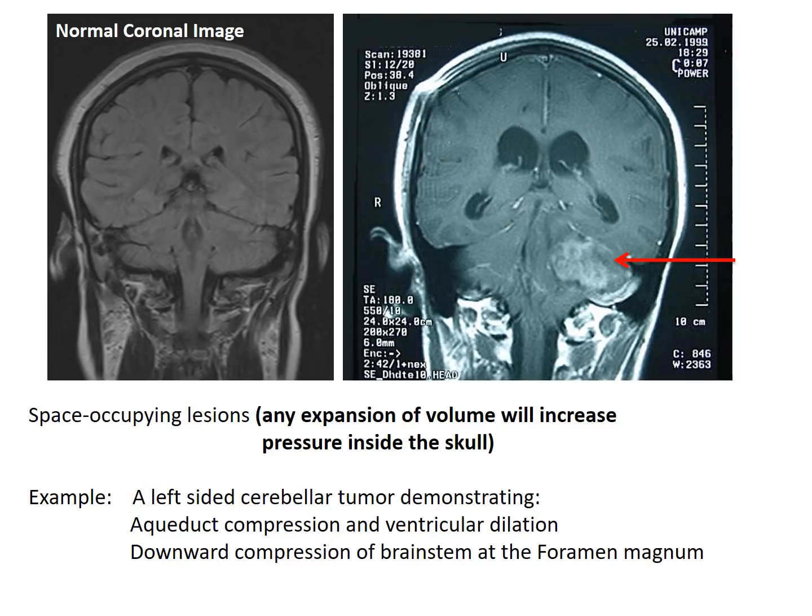So look at the 2 photos really closely at the cerebellum, the brainstem, and the foramen magnum, and you can see the difference now between the unaffected normal image on the left and the image with the tumor on the right. You should be able to see both lateral to medial herniation of the brain, and you should also be able to see some downward herniation of the brain. And the other thing happening in that right photo is as that tumor grows, that tumor starts to impinge on cerebral spinal fluid flow.